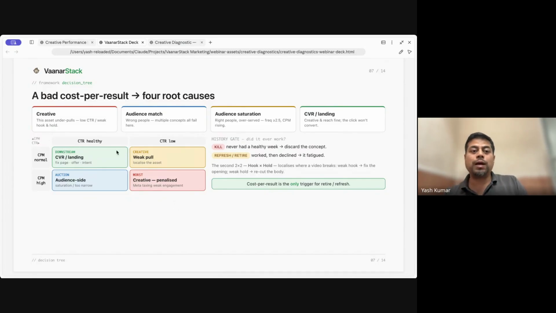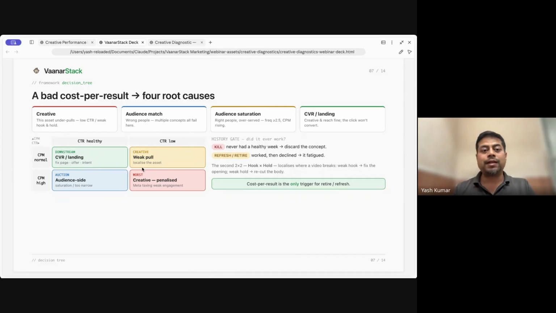And if you see this 2 by 2, which is used just as a diagnosis: if CTR is healthy and CPM is normal, and you still have a bad cost per result, what is actually affecting it? It is the conversion rate. Or if CTR is low and CPM is normal, it means there is a weak pull because people are not clicking on that ad.